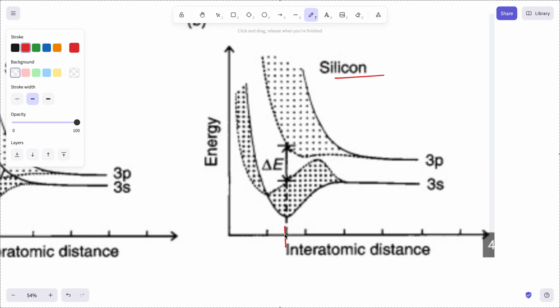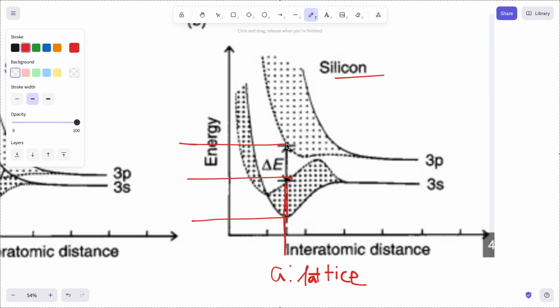And you'll notice that this is the lattice constant, which is the distance that the atoms form from each other when they form a lattice structure. When the atoms reach this distance, they form these energy levels, which you can see right here, right?